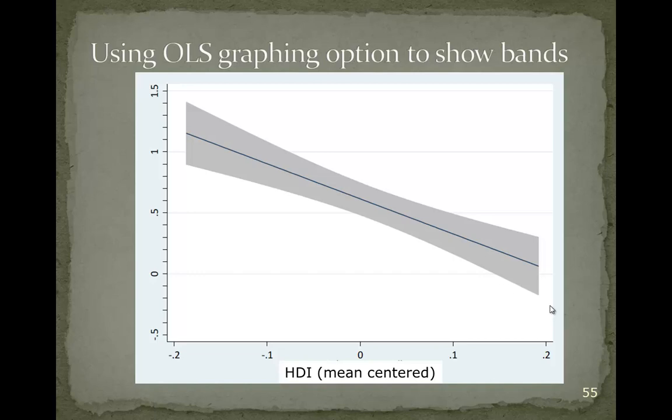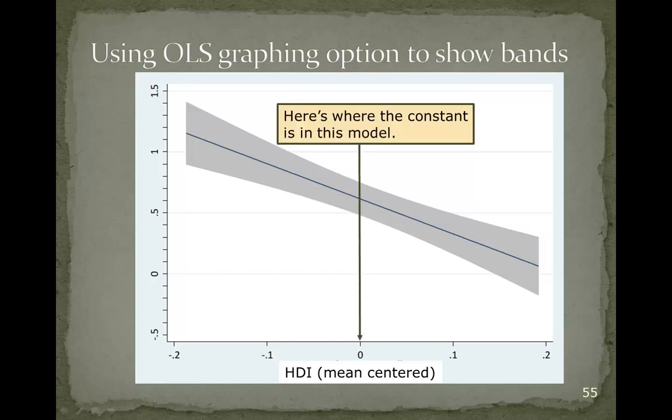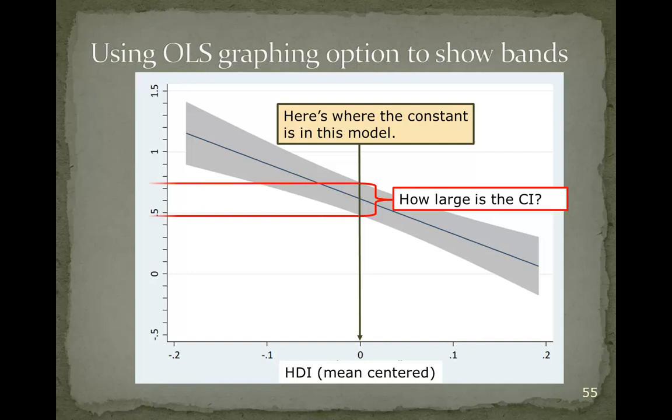But if you look at OLS graphing options, just this very same model, and as I described, over on the left side, interventions are getting really big effect sizes in poor countries, whereas over on the right side in rich countries, it looks like they're failing. Okay? Here's where the constant is in that model, because it's at 0, right? So now you've got to ask, how large is the confidence interval? And if you project those lines over, you see it's much larger than the one that we were just estimating in the previous slide.